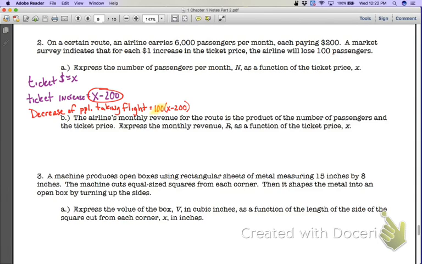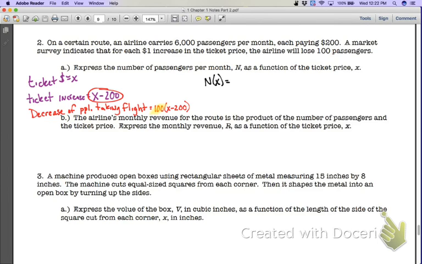So if we are going to write the function, we'll write it as n of x. How many people are they starting with?